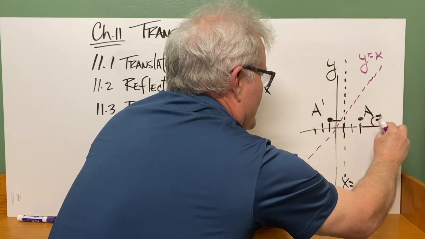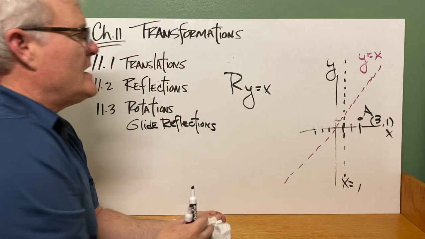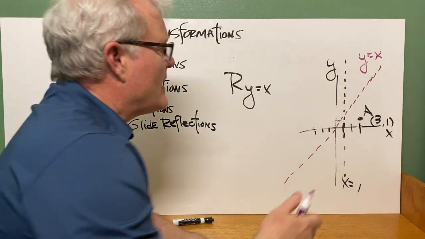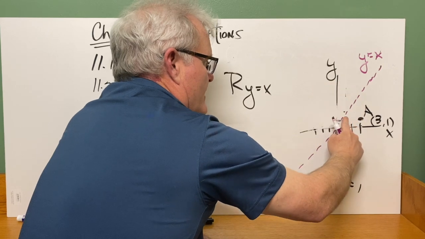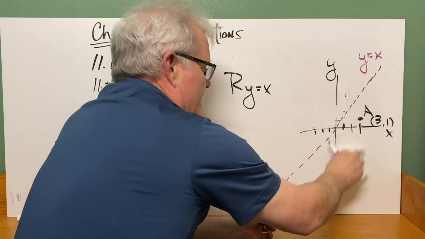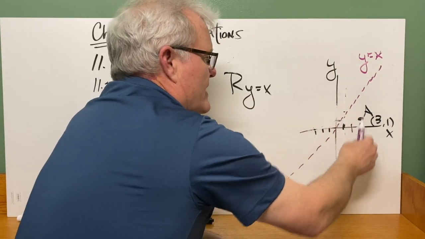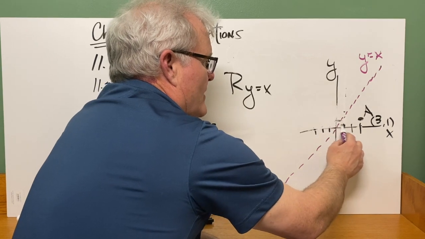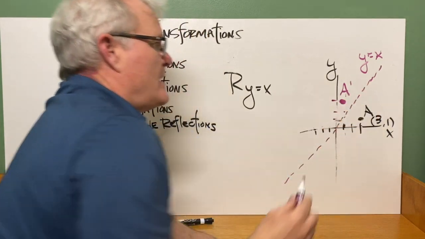So if A is the point 3,1, and I'm going to do a reflection in the line y equals x, it's folding it over that line of reflection there. I don't want you to get confused here. This was a different line of reflection. So here's your y equals x, that 45-degree line. If I folded it over that line, the point 3,1 is going to get sent to the point 1,3. This would be A prime.